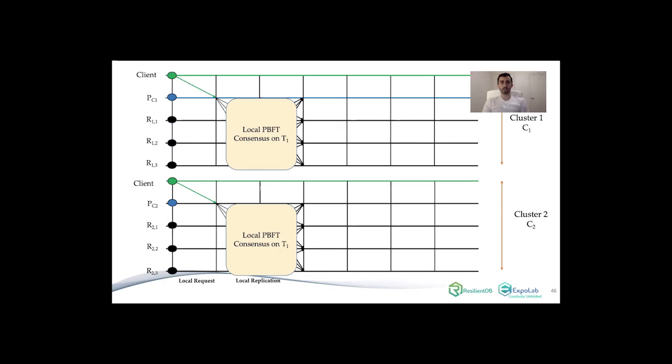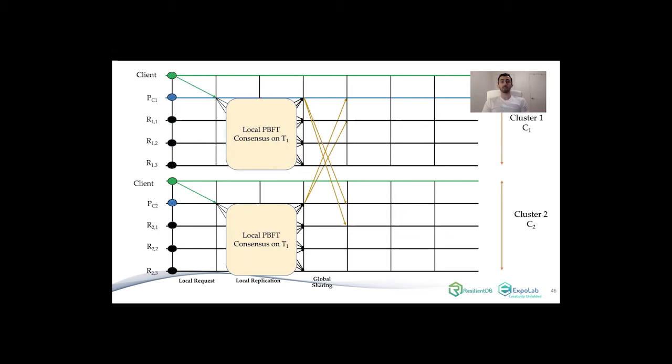And after that, the primary needs to share the client request and the certificate that this request has been ordered in that cluster with the other clusters. As you can see, the primary will send the commit certificate and the client request to F+1 nodes in all other clusters.